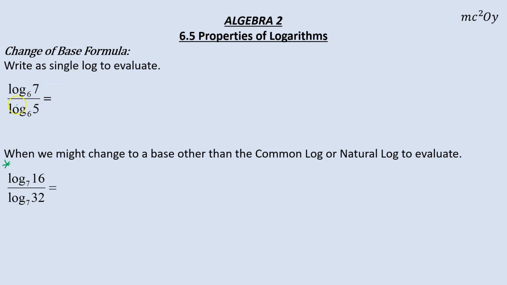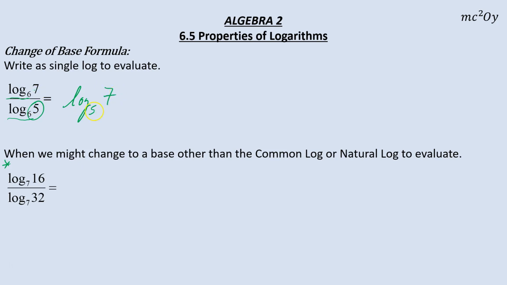If I want to write this as a single log, so notice my bases are the same. Okay, this is like after I've done the change of base formula. So if I look at it and go, my bases are the same, I could take that, and I could say, well, that just means this is in the base, so that's going to be my base, and this is my big number.